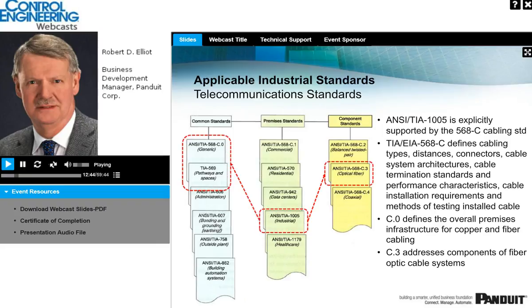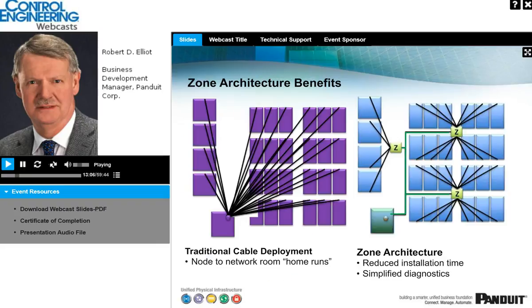For example, a data center or a healthcare facility, or as we see here, the industrial premises. Then finally, you can see on the right-hand side of this diagram the component standards, C.2, which is applicable for copper cabling, and C.3, of course, which is applicable for optical fiber.